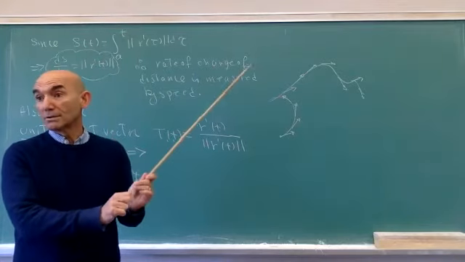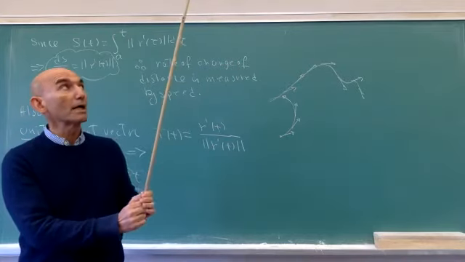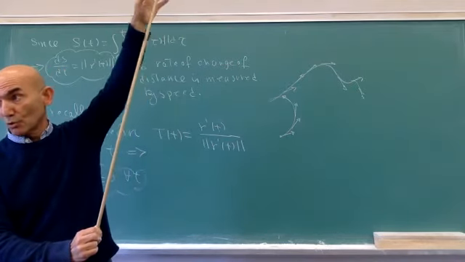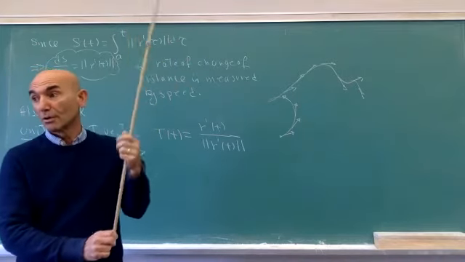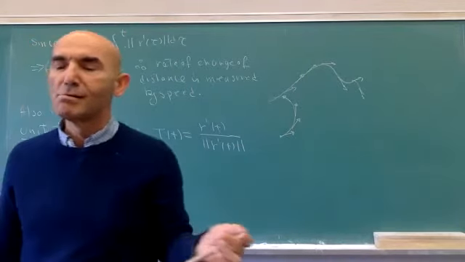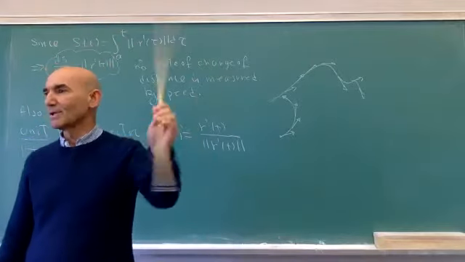It doesn't matter. As long as its length is constant, the velocity that's measured by motion of the tip of the vector is always orthogonal to the vector. Why is that? That's an interesting thing about motion of bars in space.